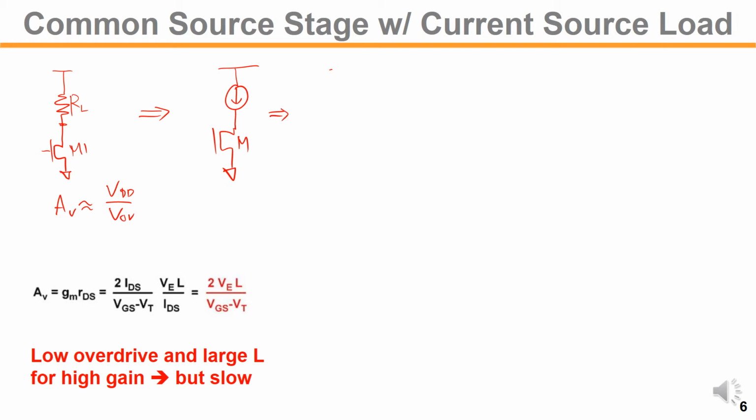The current source can be implemented with a PMOS device with some bias, like this. So we apply V in and V out. Ideally, the MOS transistor's output impedance is infinity, but in reality, R0 is finite.